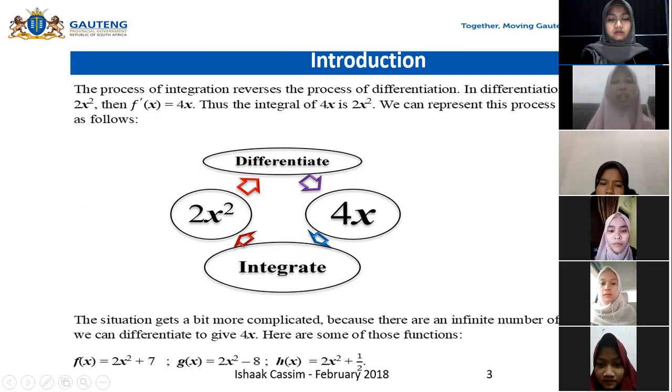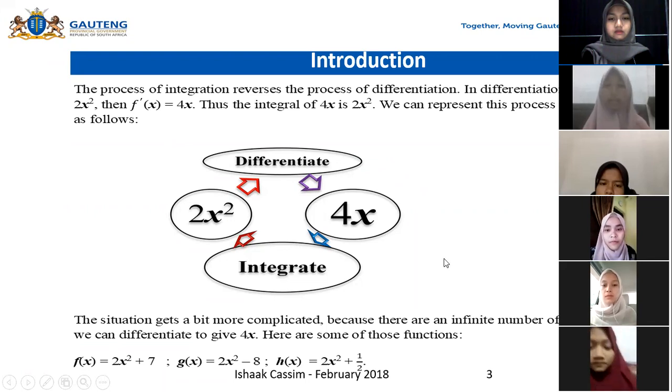If the general function is 2 multiplied by x squared, the derivative of this function is 4x. If the general function is 4x, the integral of this function is 2 multiplied by x squared.